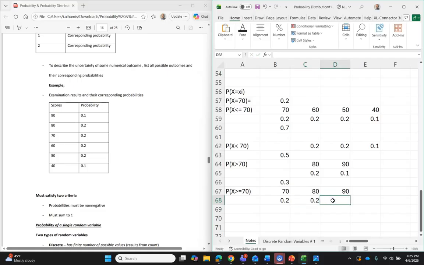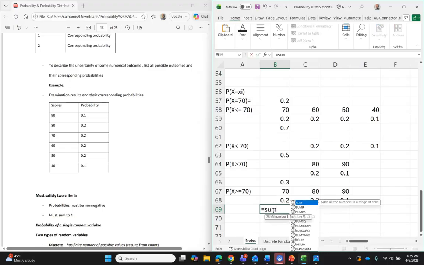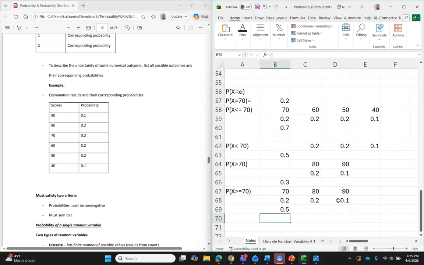And for 90, we have 0.1. So we sum the probabilities and we have 0.5.